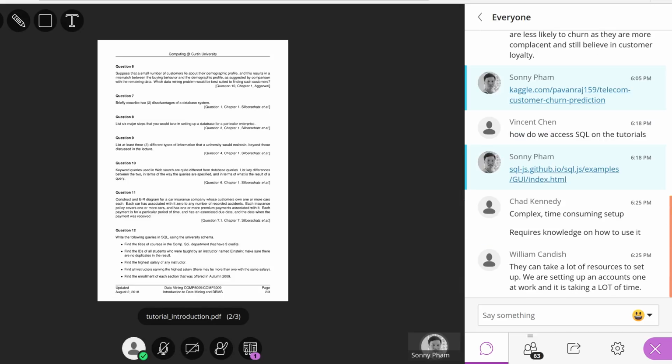All right, so we have a response here from the chat. Yeah, it's complex, time consuming to set up, right? It requires knowledge of how to use it. Yeah, that is definitely one disadvantage. For example, if I conduct a survey about your preferences of the lab session, I just send you a link to a Google spreadsheet.